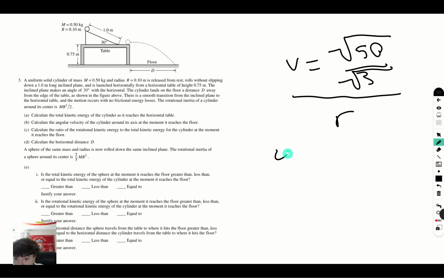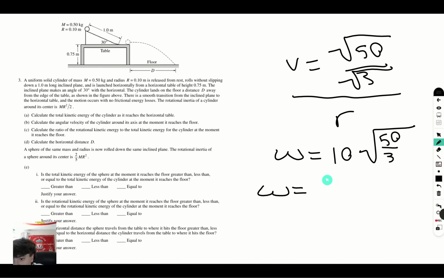So our omega is going to be 10 root 50 over 3. Or you could otherwise write that as root 5,000 over 3. So there you go. There you have that.